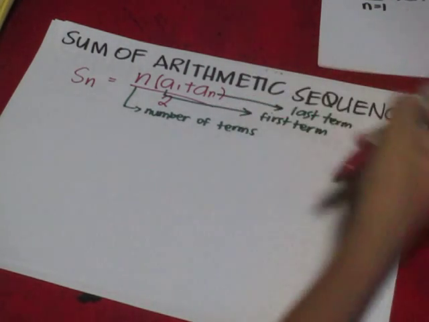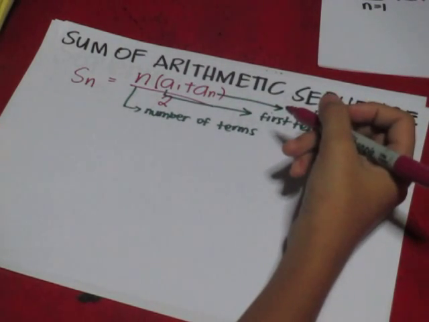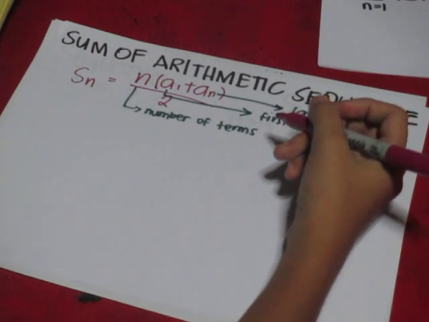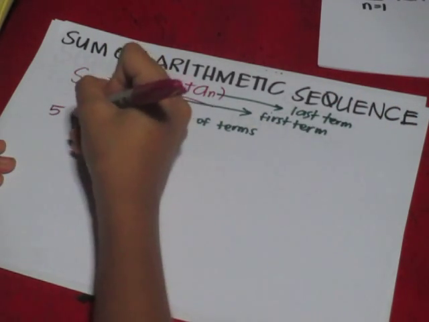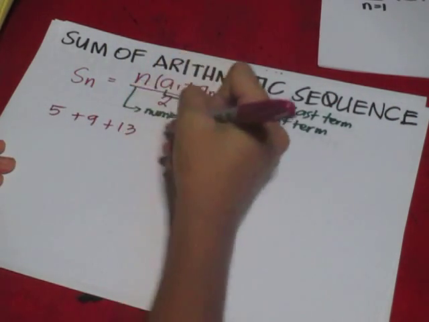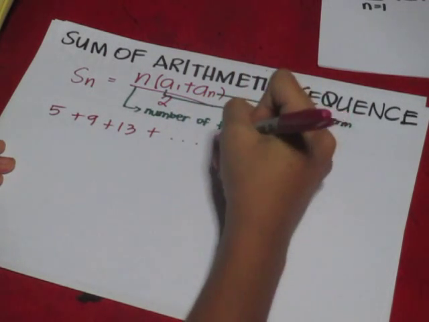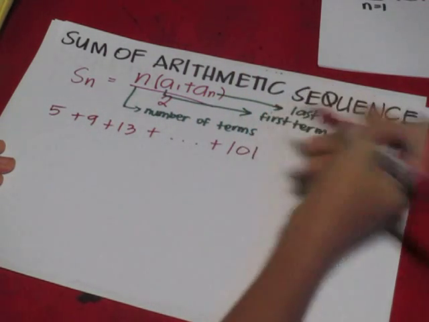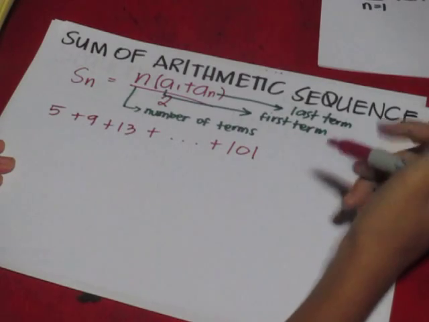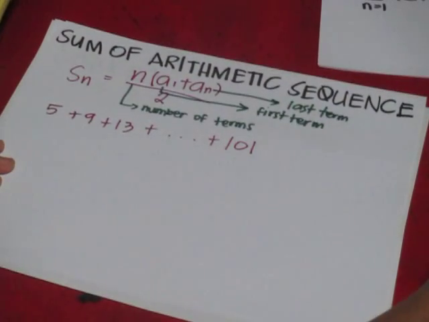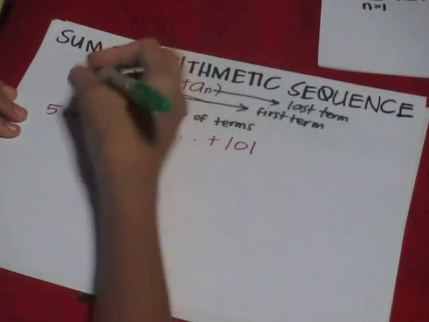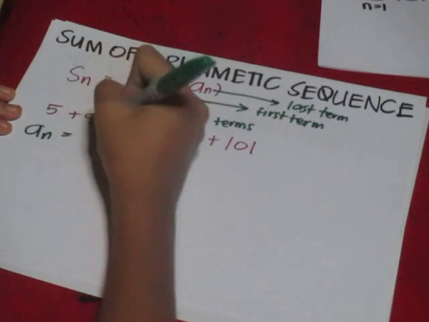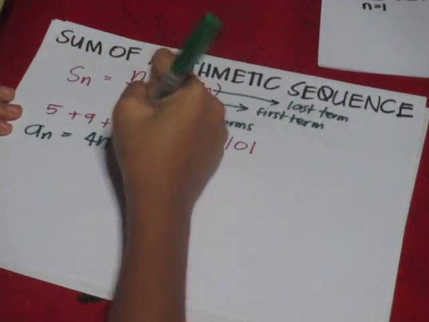So for example, we have this arithmetic series of 5 plus 9 plus 13 plus and so on up to 101. So in this kind of problem, we need to find the explicit formula first. So our explicit formula is a sub n is equal to 4n plus 1.